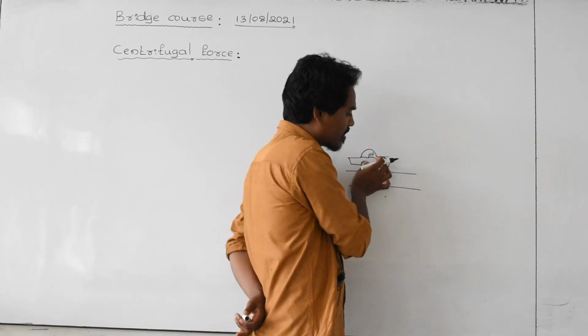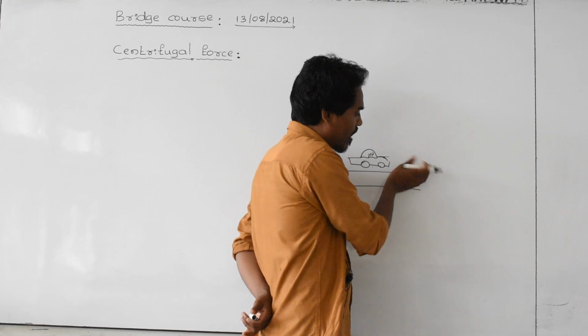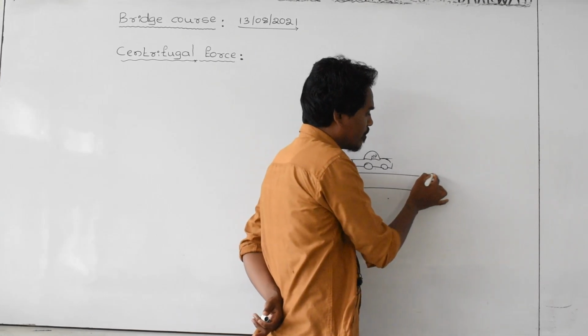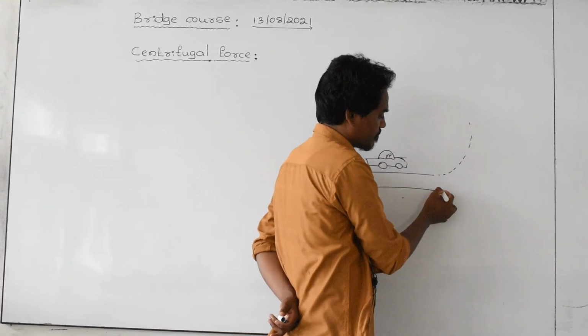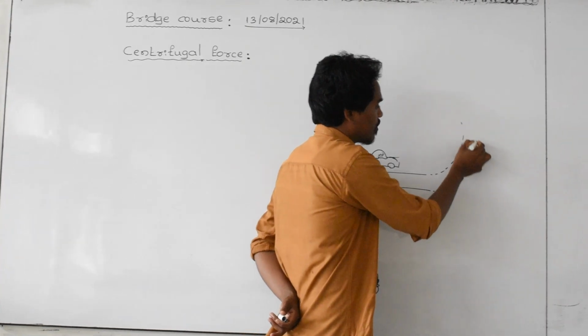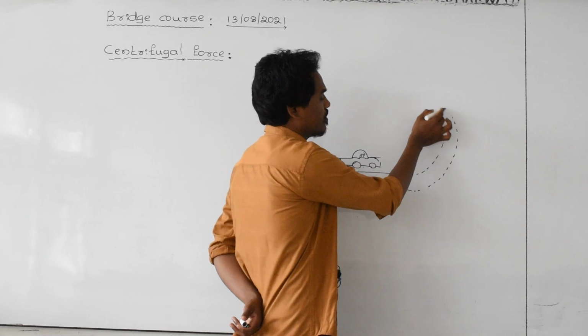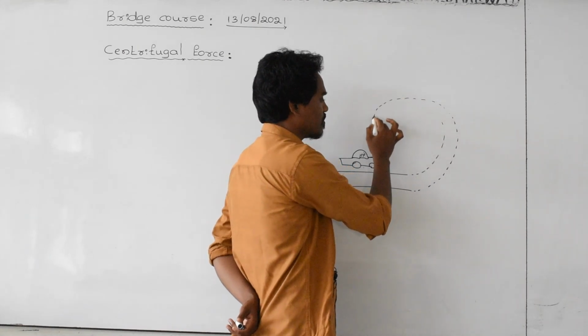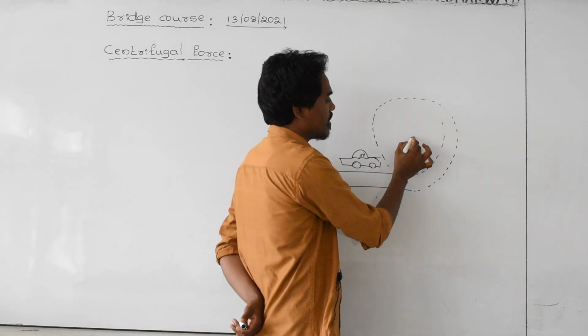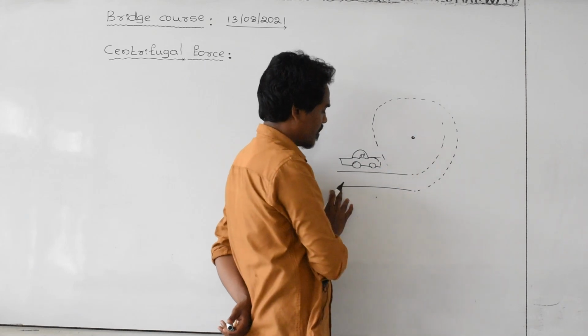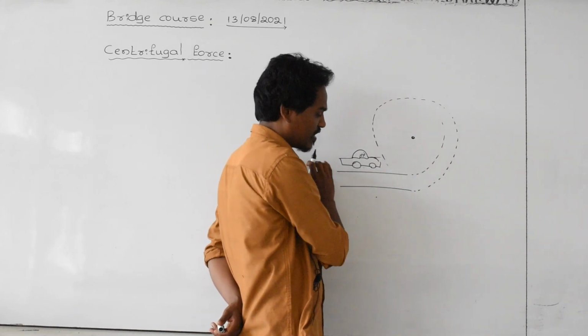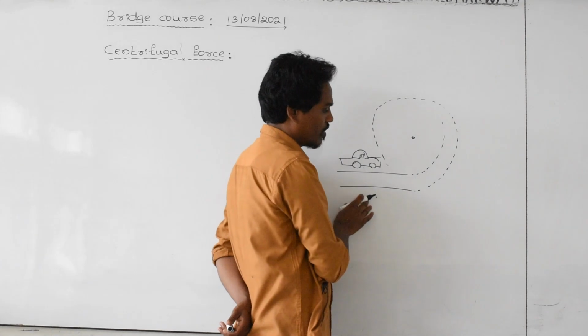Suddenly, at this region, the road becomes a curved, circular path. Imagine a complete circle with a center, and the person is initially moving on the straight road.